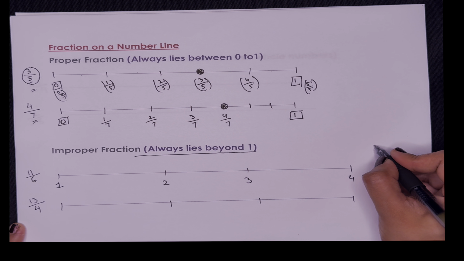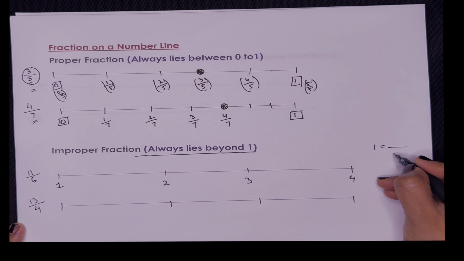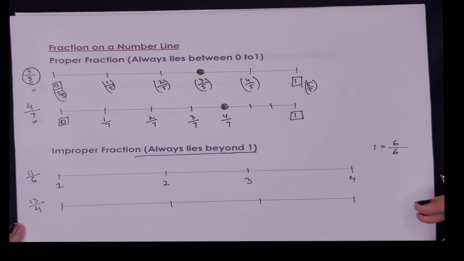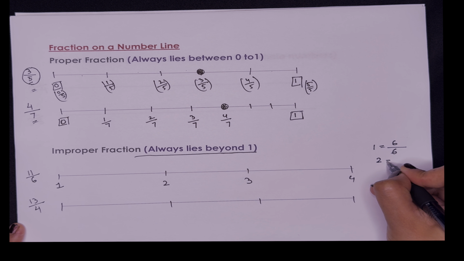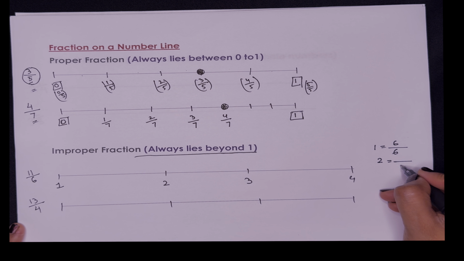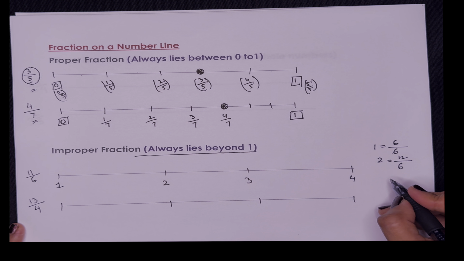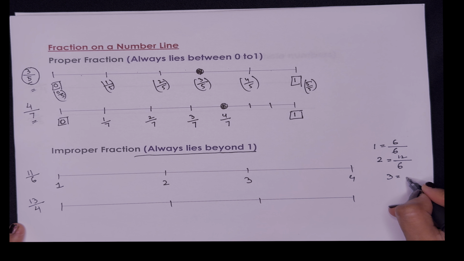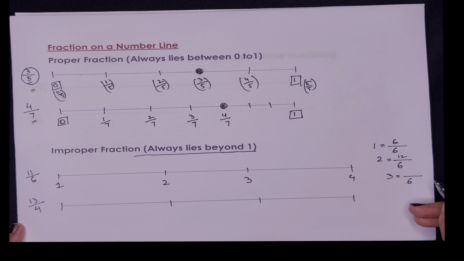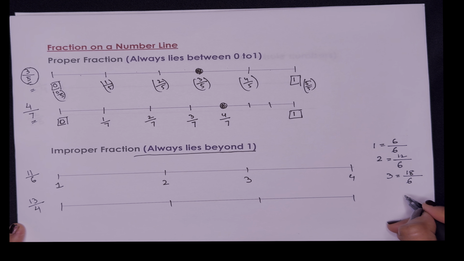Now, if the whole number is 1 and we are expressing it in terms of sixths, the numerator will be 6 into 1, that is 6. If the whole number is 2 and we are expressing it in terms of sixths, the numerator will be 6 into 2, 12. If the whole number is 3, the numerator will be 6 into 3, 18.